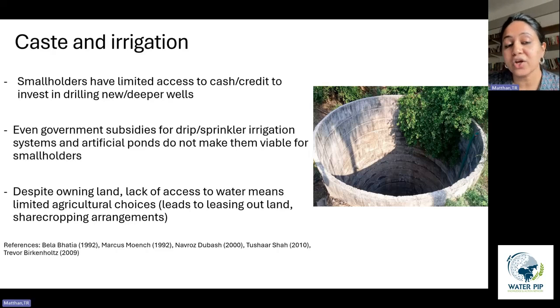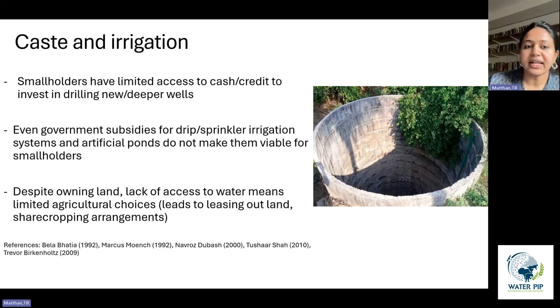So whether it's drilling new wells or drilling deeper wells, and even government subsidies for various kinds of irrigation technologies that are seen as being more efficient, like artificial farm ponds or drip and sprinkler irrigation systems, require, as Suhas already mentioned, considerable investment, which is often unfeasible for smallholders.